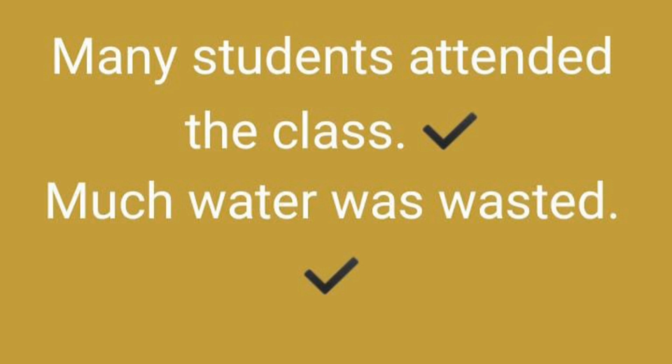Now, let us move forward to the seventh mistake. The seventh mistake is the incorrect use of since and for. Many learners say, I'm studying here since 2 years. However, the correct sentence is, I have been studying here for 2 years.